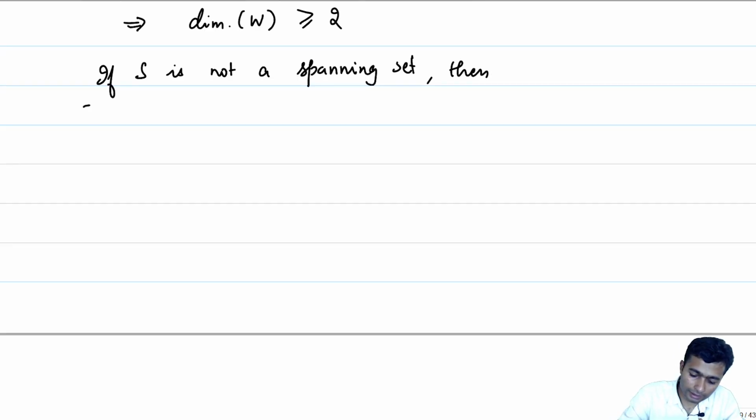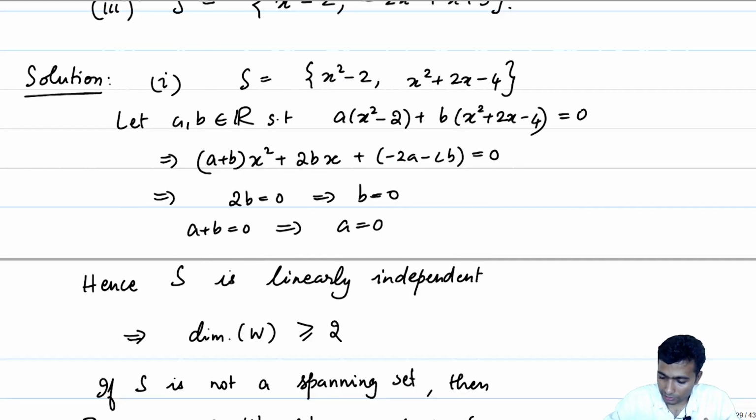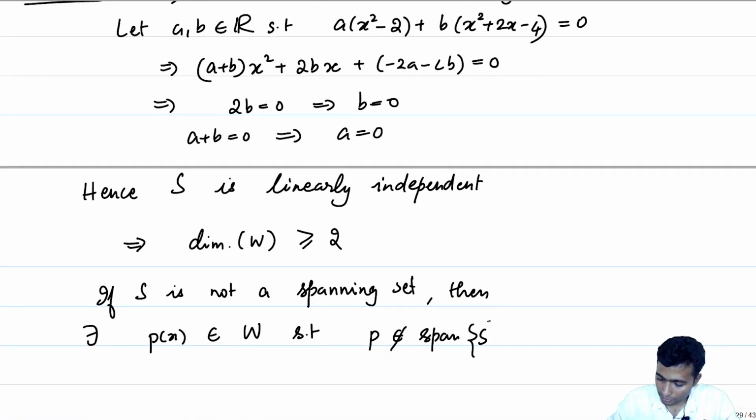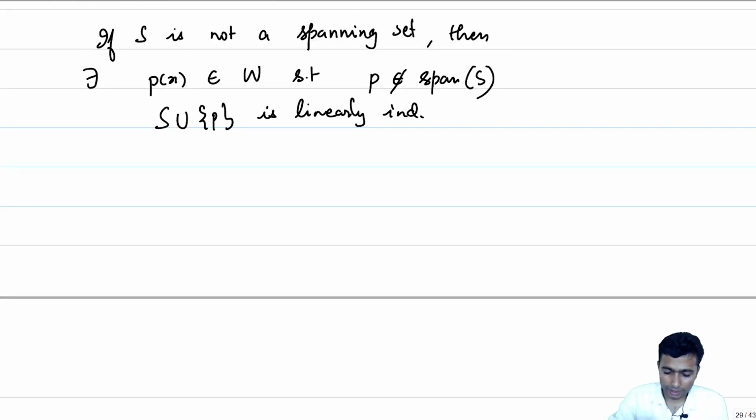then there exists some polynomial P in W such that P is not in the span of S. And therefore, S union P is linearly independent, and that would imply that the dimension of W is at least 3.